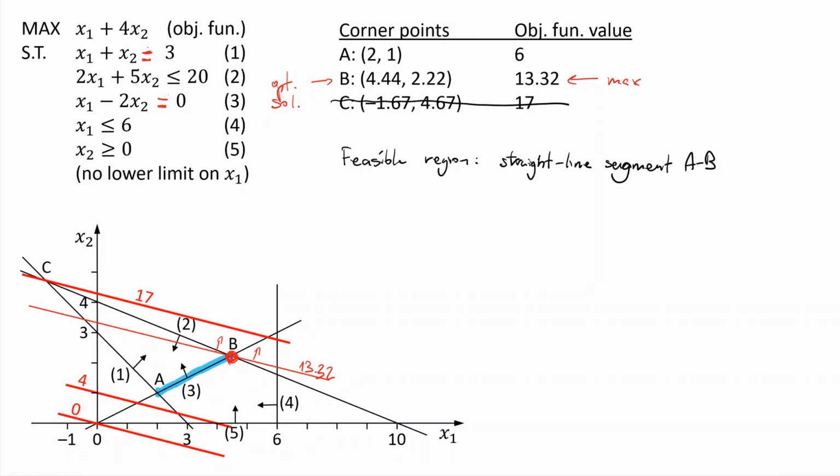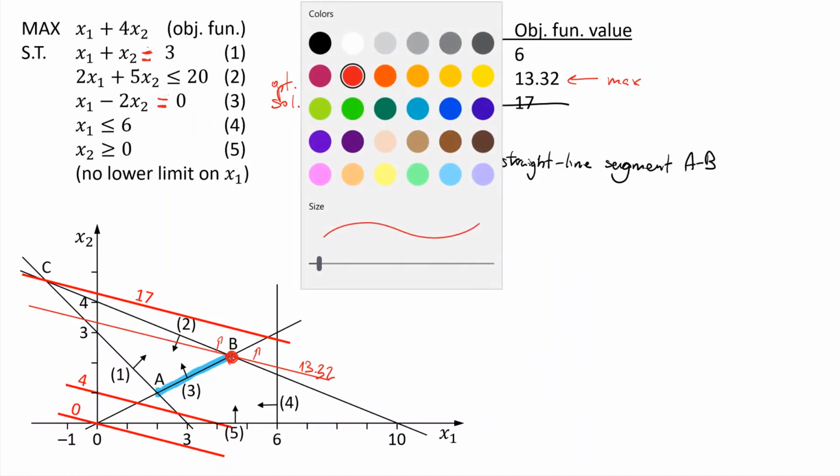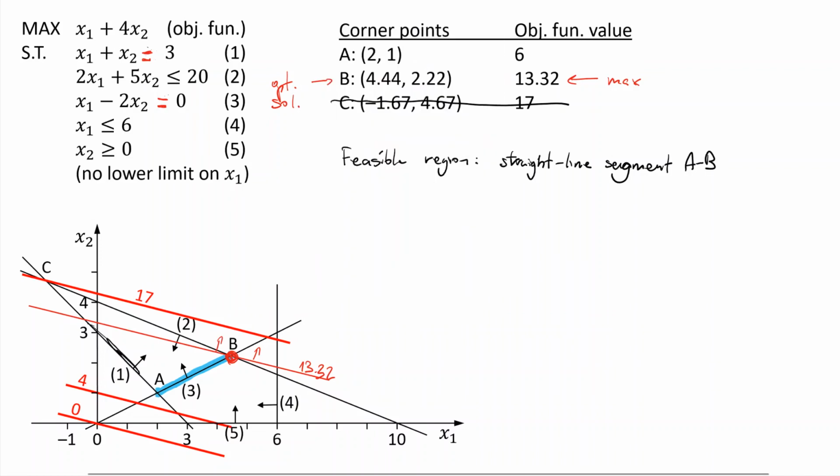Again, what will this change? Now, when we were plotting constraint number 1, which is here, we said this is where it is satisfied with equality, and then we said on this side is where it is satisfied with inequality, right? But now only equality is allowed. It has to be equal to 3. So this no longer is allowed.